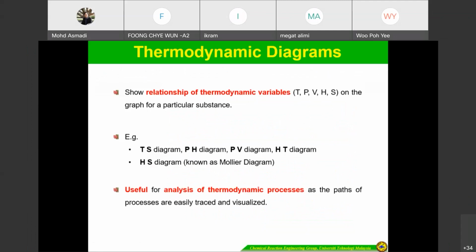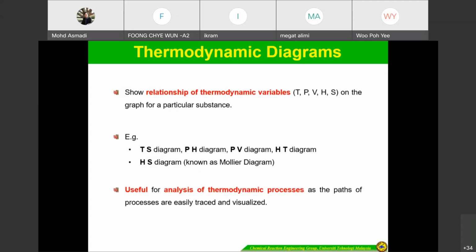To determine properties, you can use another method other than the cubic equation of state. What else? Generalized equations. You can also determine them using thermodynamic diagrams. These show the relationship between thermodynamic variables like temperature, pressure, enthalpy, volume, as well as entropy.